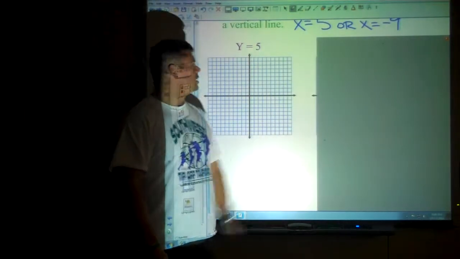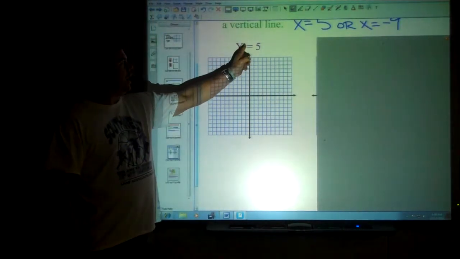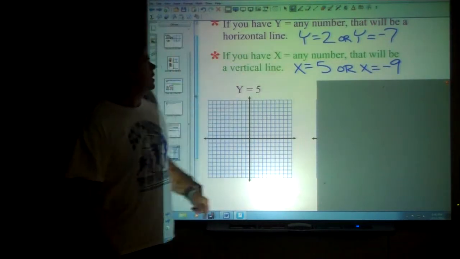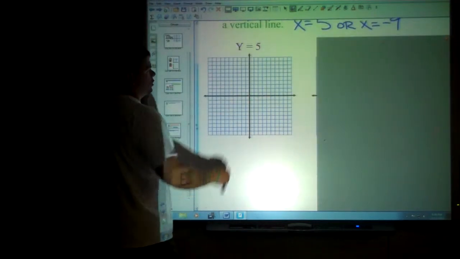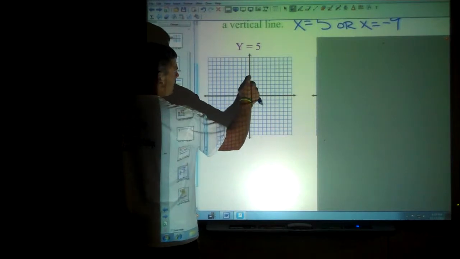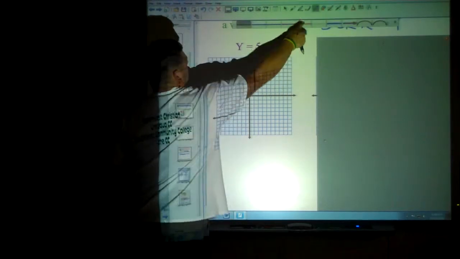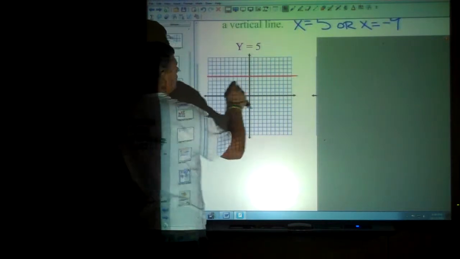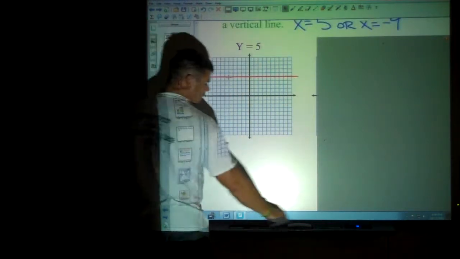Here's a situation. You have only y equals 5. We know that whenever we have just a y, it's going to be a horizontal line. So all I have to do is count up 1, 2, 3, 4, 5 and draw a horizontal line at 5. That's all I got to do.